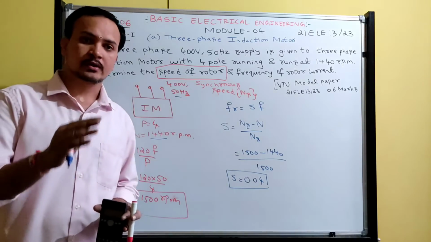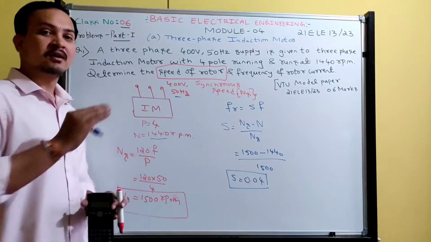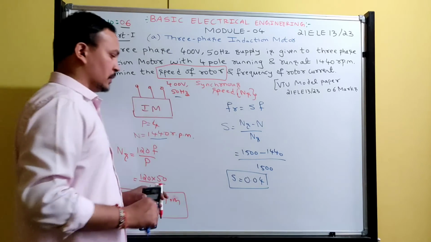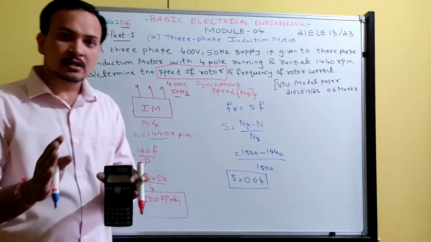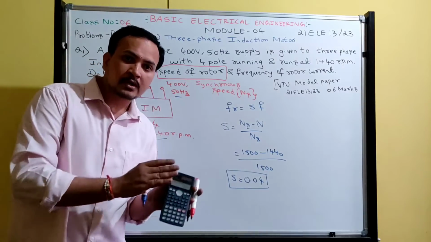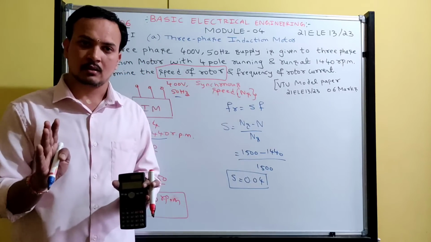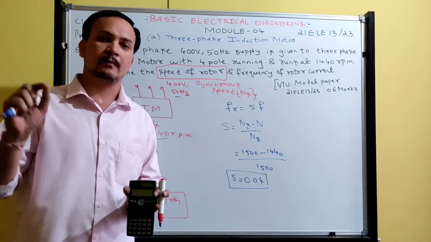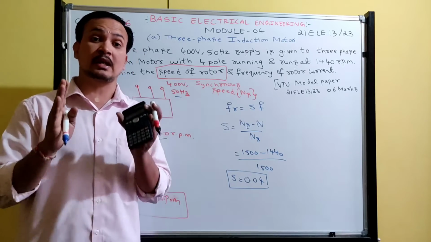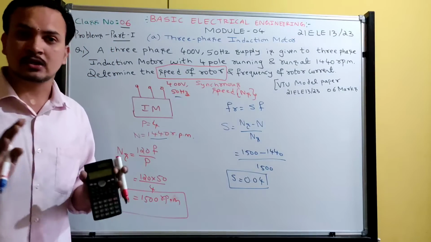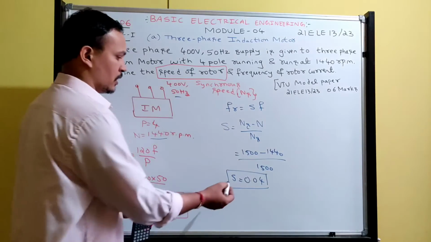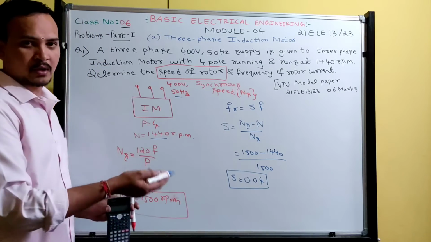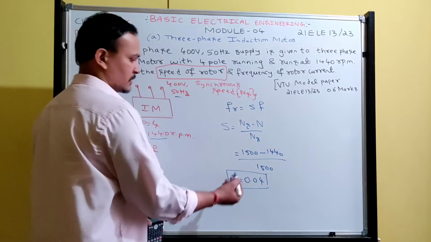That lecture will give a strong foundation to understand the problems on three-phase induction motor. Now your slip answer should come from 1% to 4%, otherwise 0.01 to 0.05, that is 1% to 5%. That is the range of slip for a good induction motor. So we got a value within the range suitable for a good induction motor.